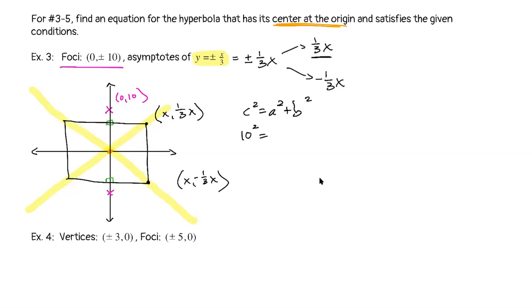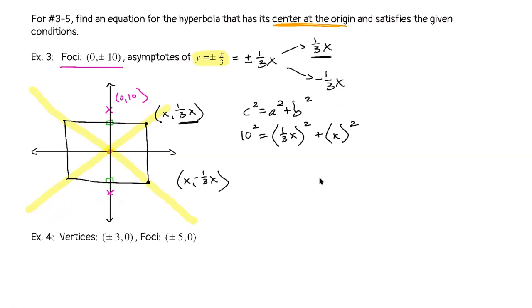And a squared is, in this case, going to be the distance that we move up to get to our vertex, and that is a y value. So instead of a squared, I can plug in (1/3 x) squared. And instead of b squared, b is the horizontal distance I go. That's going to be x squared.